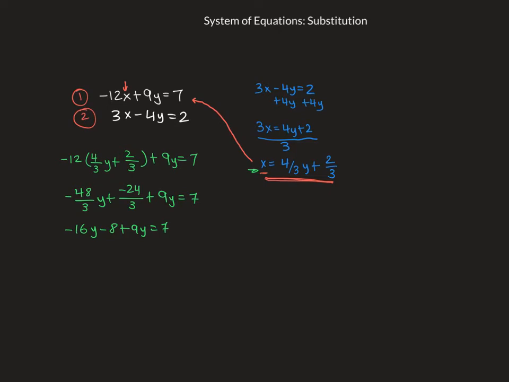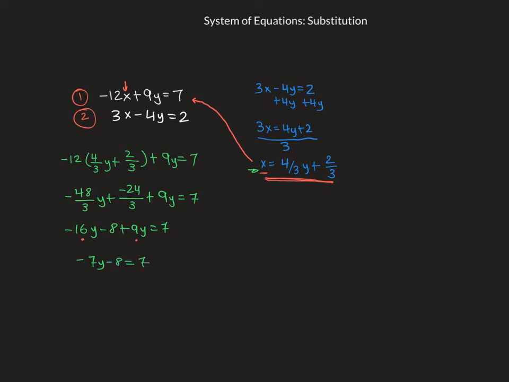And then we can go ahead and add like terms. So minus 16y plus 9y, these are our like terms, will become minus 7y minus 8 is equal to 7.